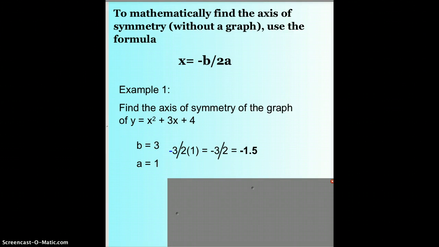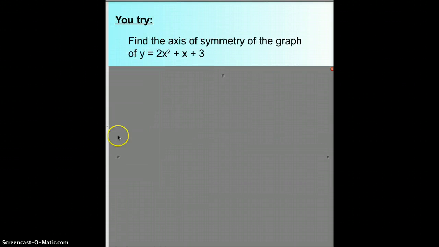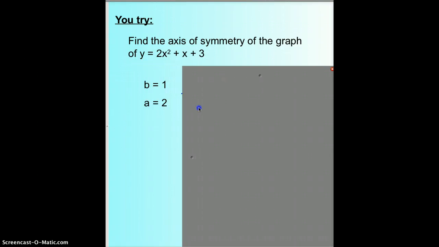Let's look at another example. Find the axis of symmetry when your equation is y equals 2x squared plus x plus 3. Pause the video here. So you should have seen that b equals 1 and a equals 2.